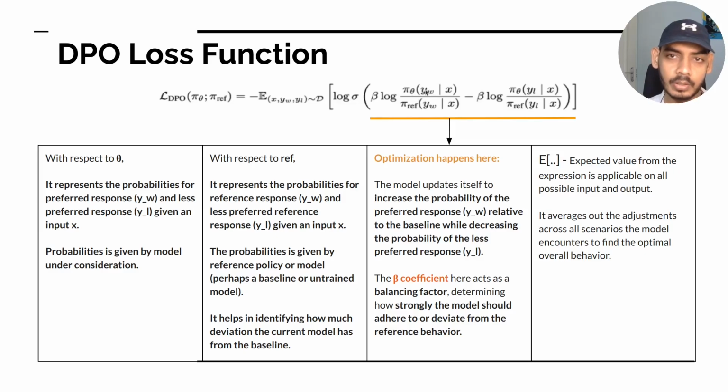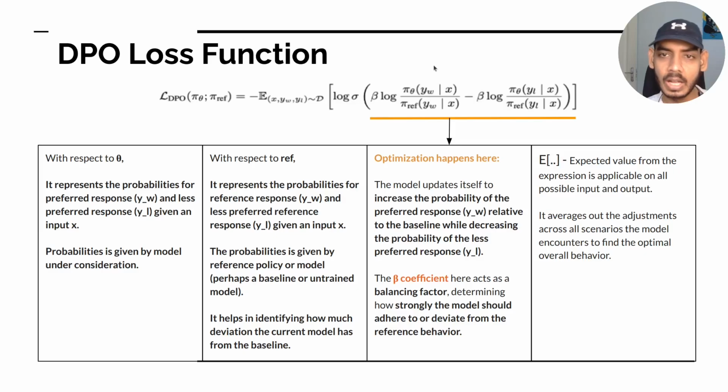Here W is the preferred response and L is the less preferred response. So the probability score of the preferred response for a given input X, and again here it refers to the probability for the less preferred answer for a given input X.